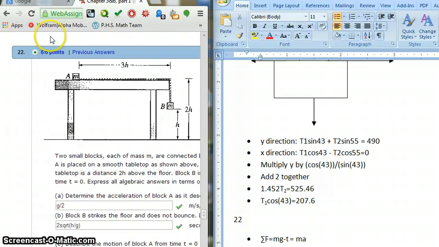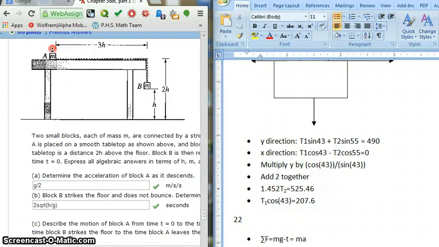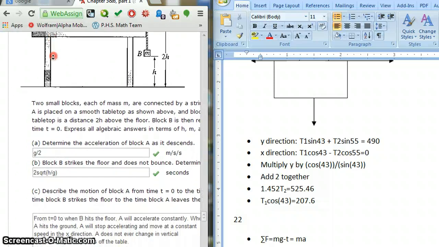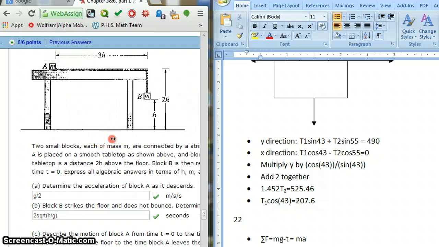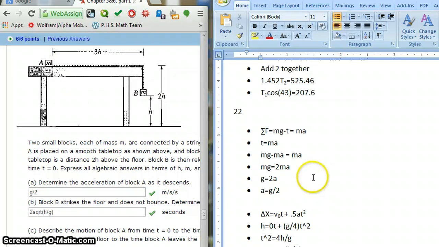I don't think this is a particularly hard question, but the fact that we have to use variables, which we seem to know, seems kind of counterintuitive. For part A, you get that the total force, mg minus tension, equals the mass of this object times its acceleration. Now, you know that the tension force equals this mass times acceleration.